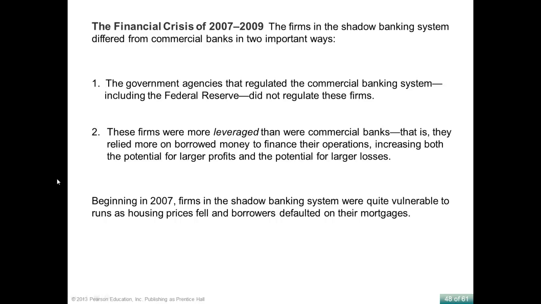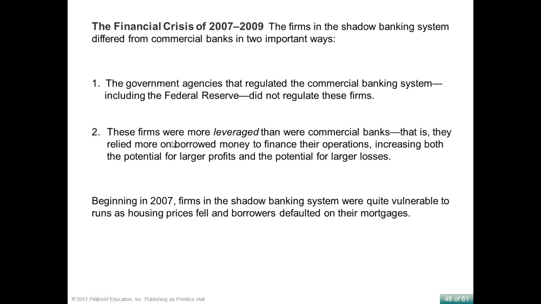So what happened in the financial crisis of 2007 to 2009? The firms in the shadow banking system differed from commercial banks in two important ways. The government agencies that regulate the commercial banking system, including the Fed, do not regulate these investment firms. The firms were more leveraged, or heavily in debt, than commercial banks were.